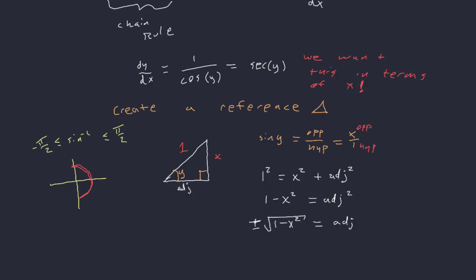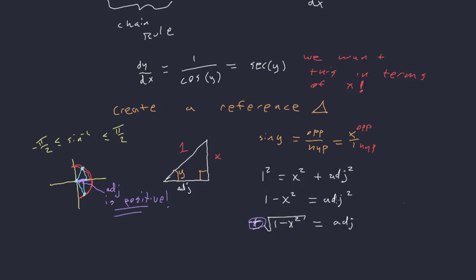Any triangle that we make in these angles is going to look something like this. So all of them, the side adjacent, which I'll put in another color here, is positive. Okay, so that means we are going to choose the positive one.